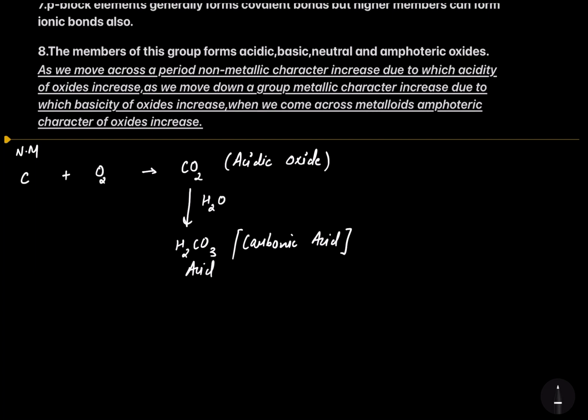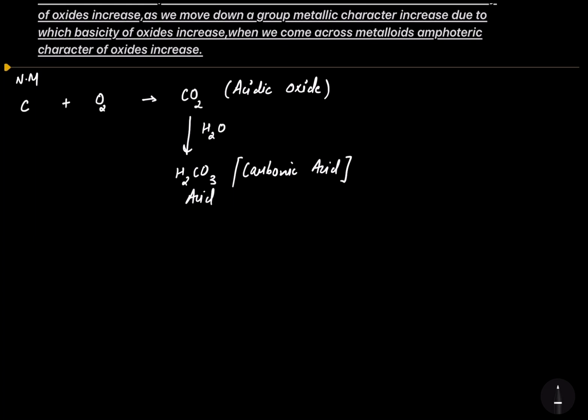Let me take an example of nitrogen. The oxide of nitrogen, I'm taking it to be N2O5, that's nitrogen pentoxide. When this nitrogen pentoxide reacts with water, it forms HNO3. I am not balancing the equation because I am concerned with the concept only.